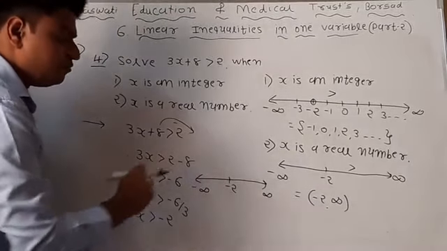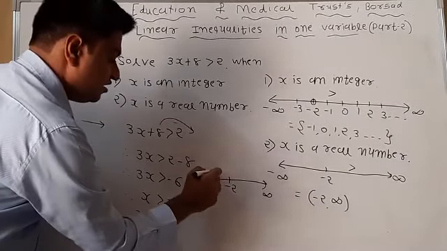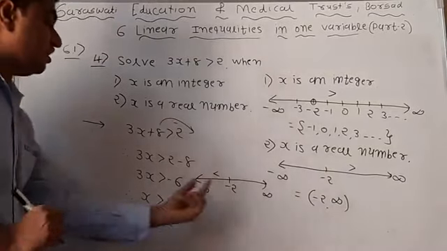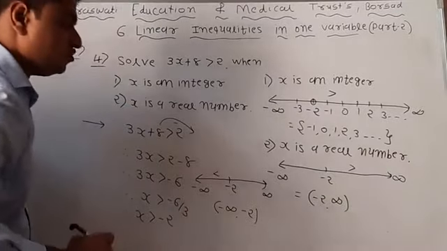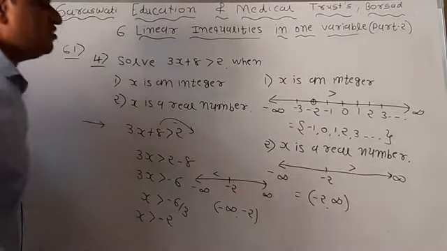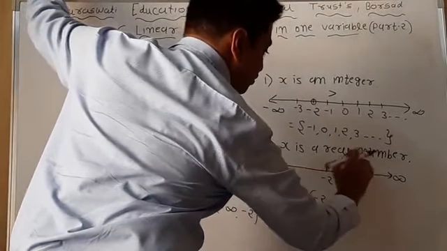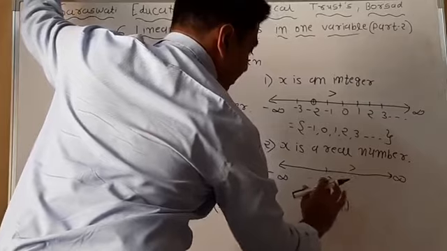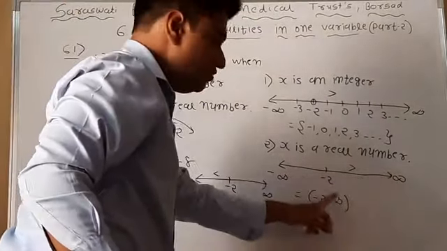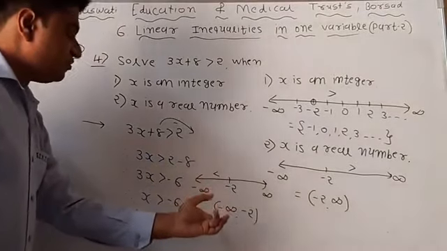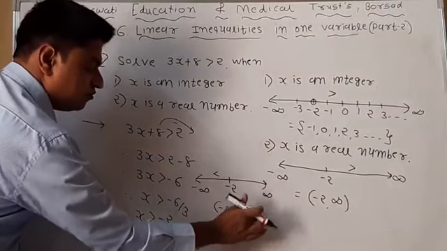Now if less than form is present, the position is on this side, and we first write minus infinity and then minus 2. But here greater form is present, that's why we write minus 2 to infinity. Suppose less than form is present, so first write minus infinity and after that minus 2.